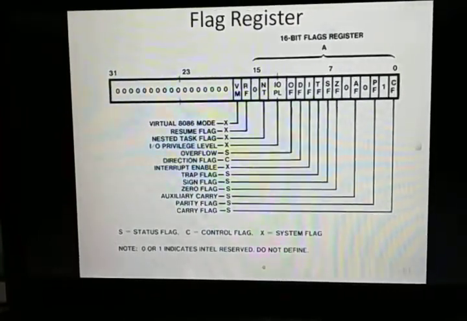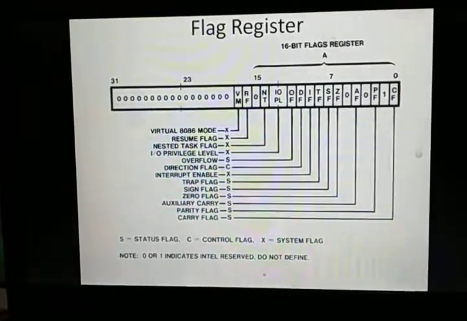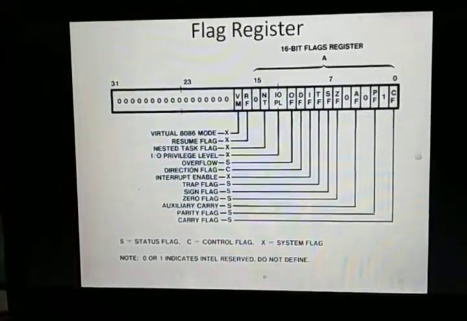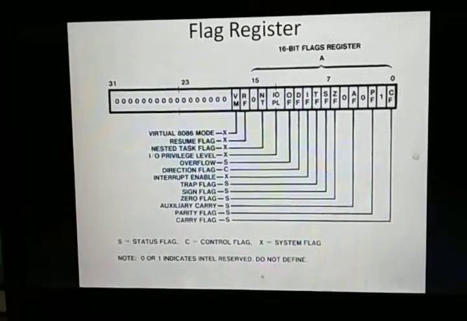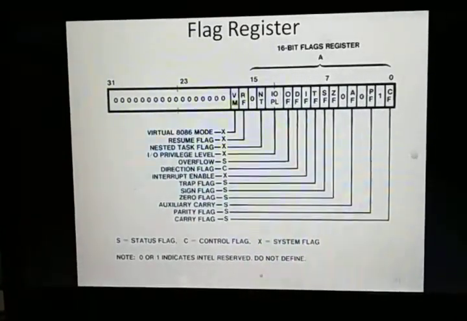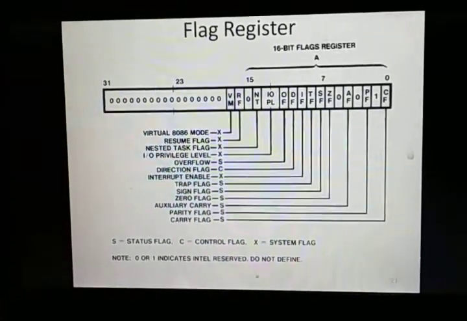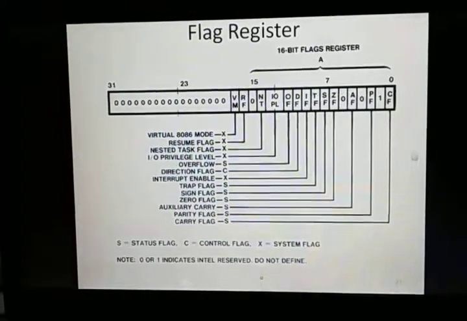We will not go in depth into examples of even and odd parity because this is not part of the 80386 processor, so you just need some idea about parity. When even parity is generated, the parity flag bit is set to 1. If the parity is odd, the parity flag bit is set to 0.